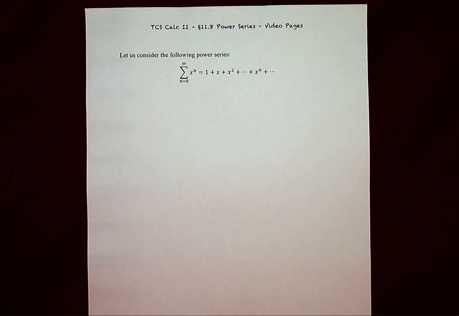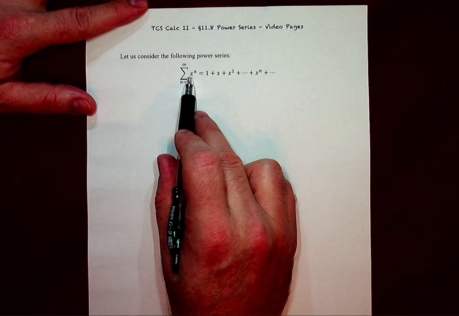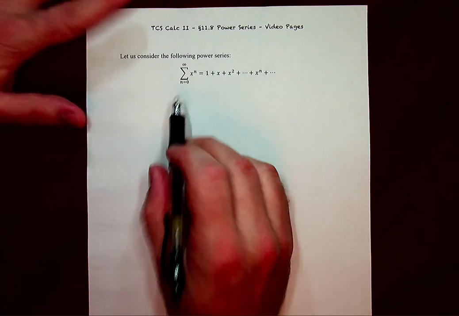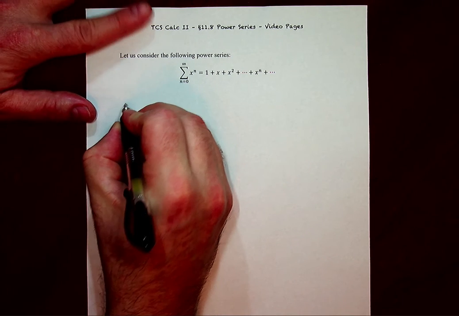The question then becomes, where is this convergent? As you've noticed, because x is by itself instead of x minus 2 or x plus 5, it's centered at 0. And here we're going to use the ratio test.